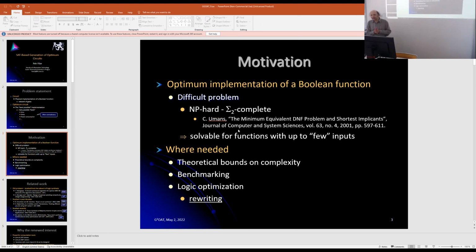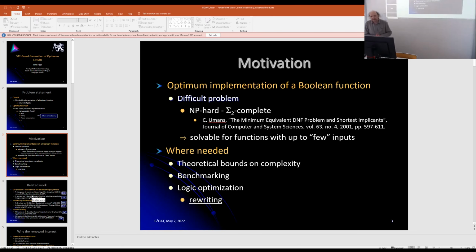It's Sigma-2 complete. In that reference you will find a proof that finding the minimum SOP is Sigma-2 complete, but it holds in general for general multi-level circuits.